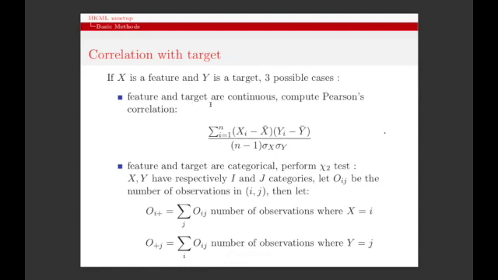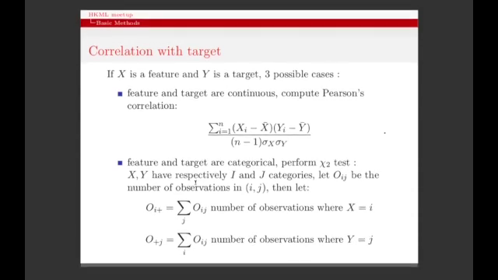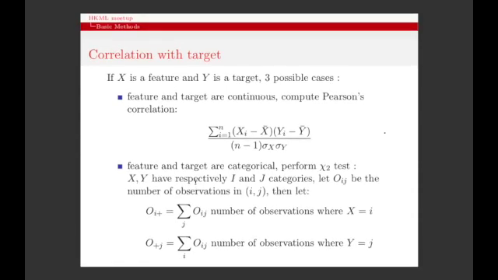First, if the feature and target are both continuous, we compute the usual correlation between these variables, which is expressed in the formula. If the feature and target are categorical, then we can perform a chi-squared test to check if both variables are independent or not.